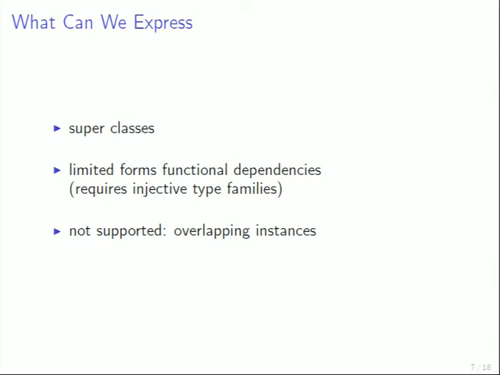But not all of these injectivity declarations are supported, which we need in order to really encode functional dependencies in a full way. What we do not support is overlapping instances, but as I will show you, most use cases can be encoded using similar things like instance chains, which we have seen yesterday.